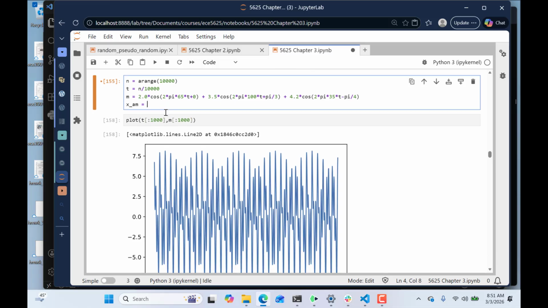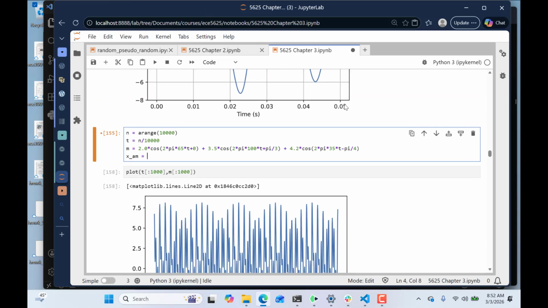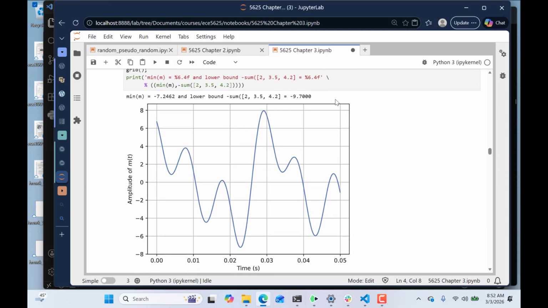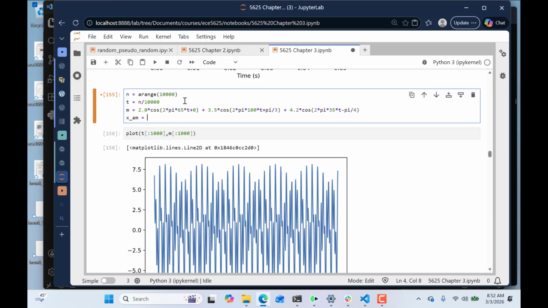And right away, what can I see from this plot that I made over here already? I did this in the previous model, but what do we see the negative values are swinging down to? It was minus 7 point something, right? That's what this analysis up here did. It said the minimum value was minus 7.2. So I could do a quick check on that if I wanted to too.